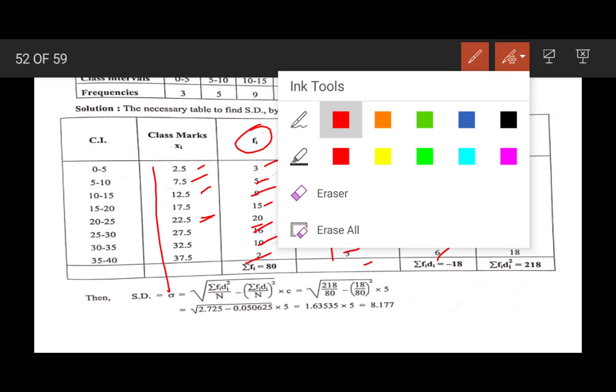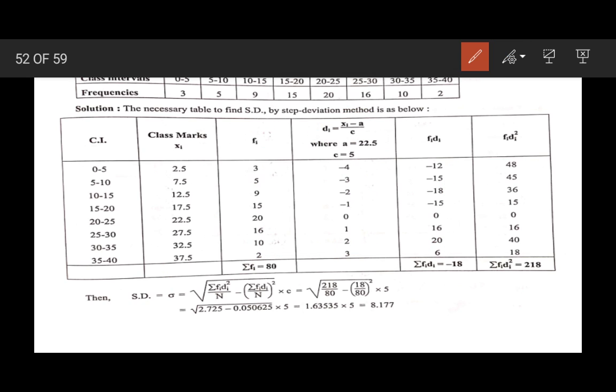Then next we have to square the d value, right? So minus 4 square is 16, and then we multiply this with frequency. So 16 into 3 is equal to 48.